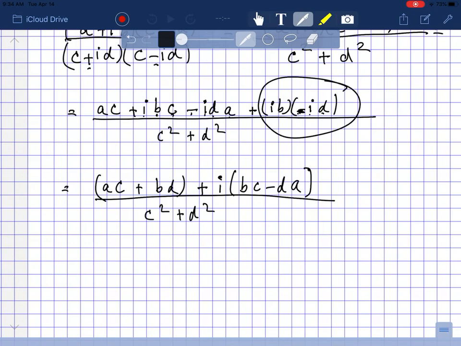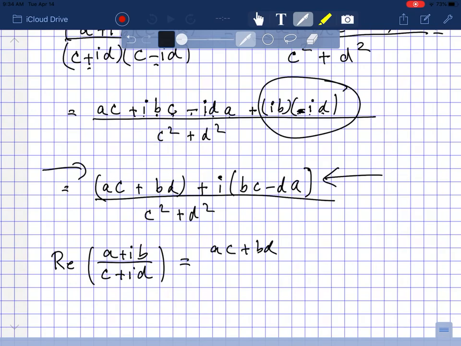Okay, so if I'm looking for the real part of A plus IB divided by C plus ID, what is that going to be in this case? It's going to be the real part of this complex number sitting here, and that's AC plus BD divided by C squared plus D squared.